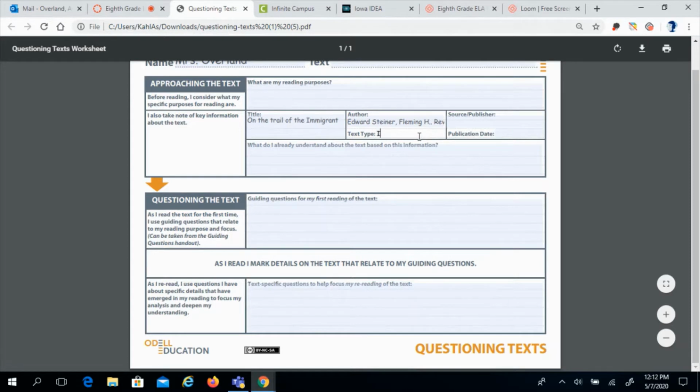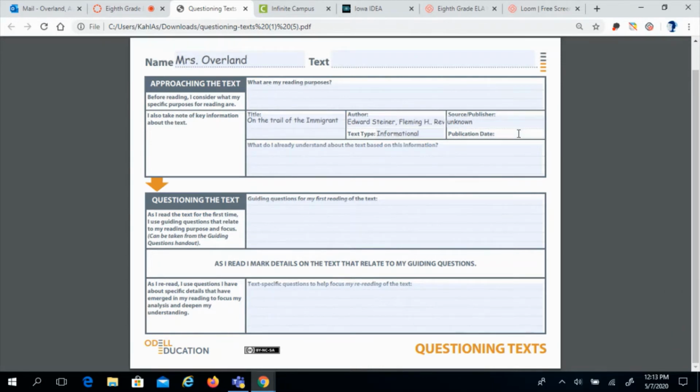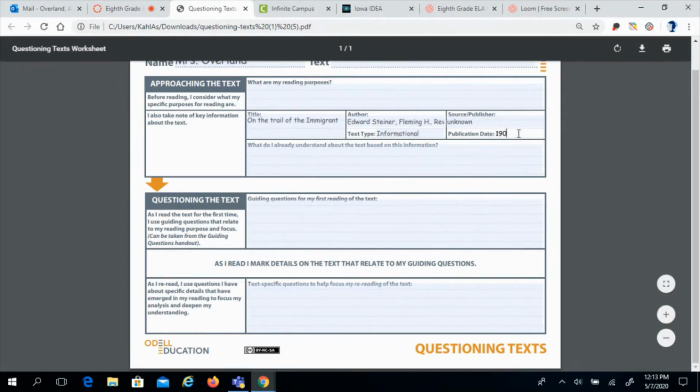I would say this is also an informational text because it is very similar to last week's. I don't know who sourced it or published it. And the publication date, I believe, is 1906. But again, it's one of those things where I'm not totally positive. What do I already know? I know this is a primary source.